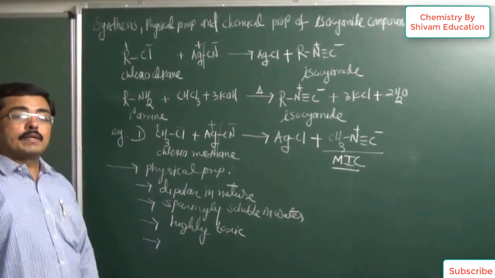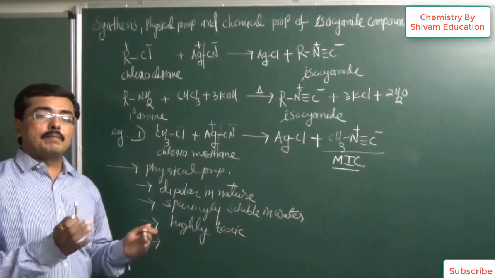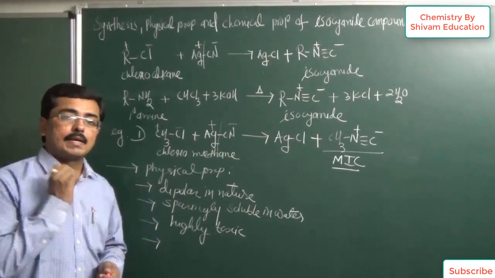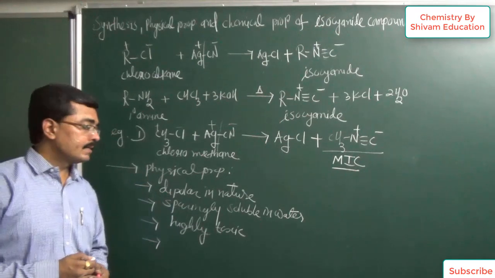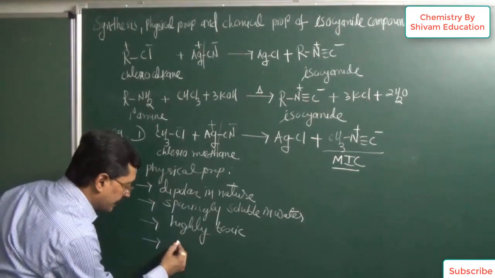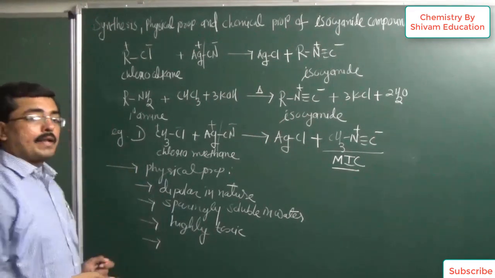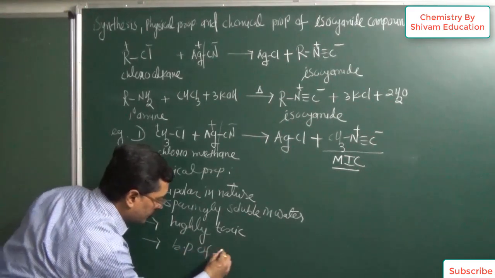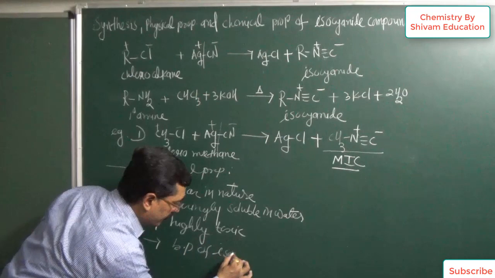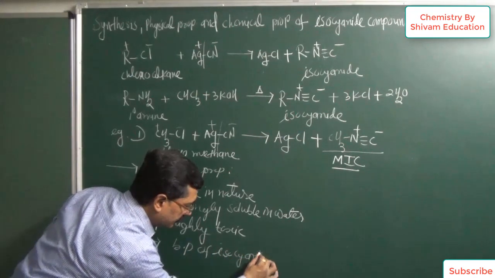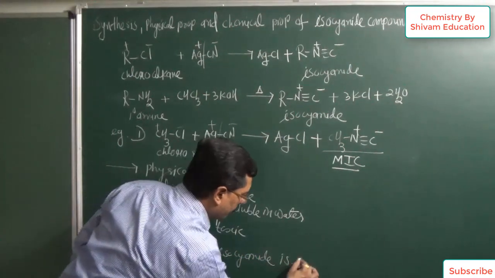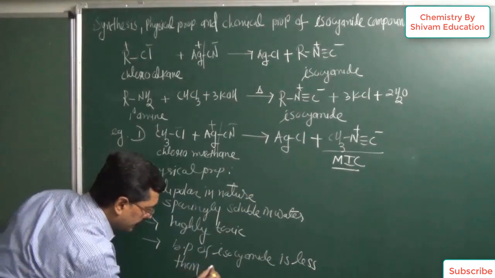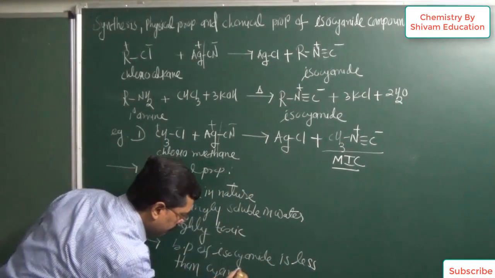Now they are dipolar in nature. So it is observed that boiling point and melting point of isocyanate is comparatively less as compared to corresponding cyanide. So we can write these things that due to dipolar in nature, boiling point of isocyanate is less than corresponding cyanide compound.